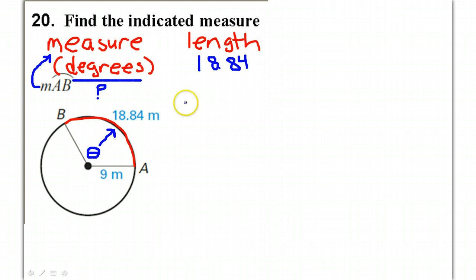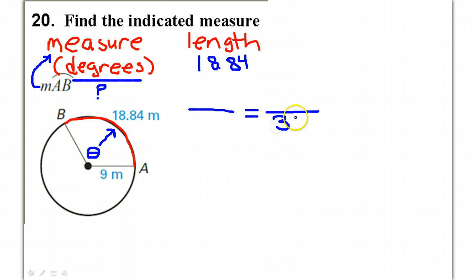So hopefully you realize that once again we're dealing with arc length. So your first instinct should be to set up an equation of the form part over whole equals part over whole. But usually on the right hand side we put part over whole degrees.